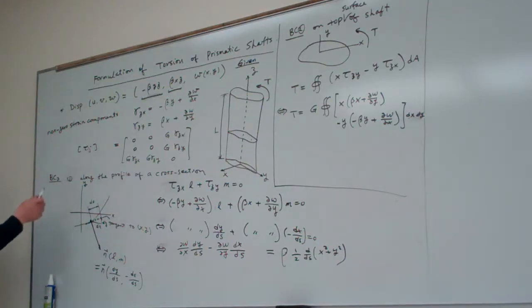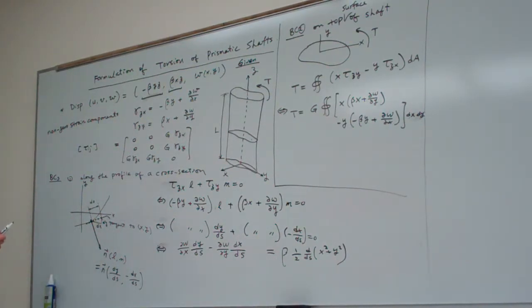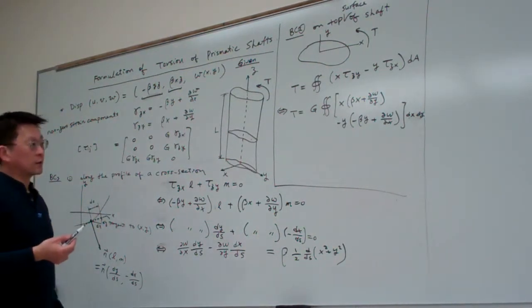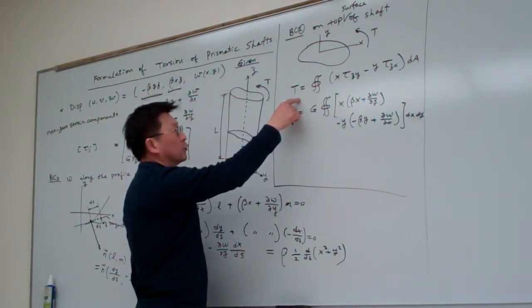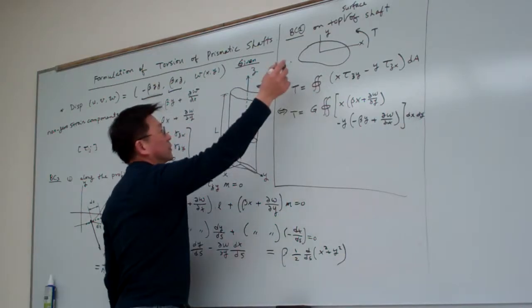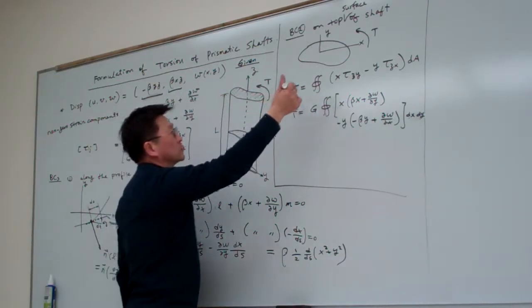To help us solve for beta, we are going to use boundary conditions. Let me talk about this one. This equation is basically the equilibrium on the top surface. This is the top surface here.